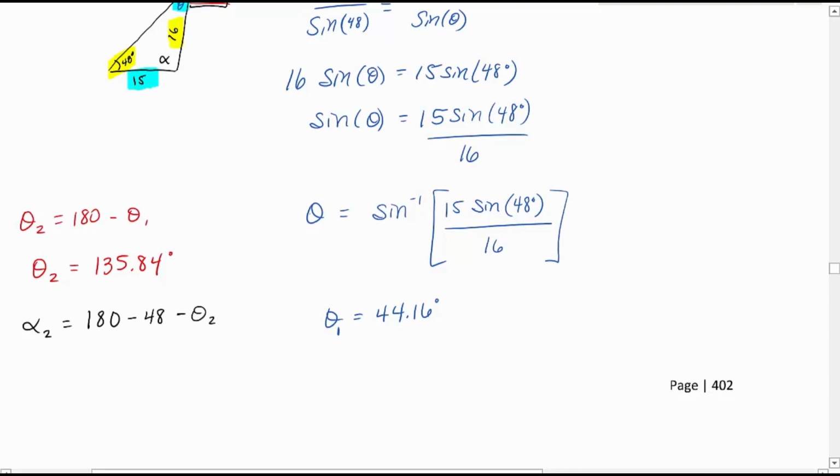And if we get a negative number, then we know that a second triangle is not going to exist. So when we subtract these, we get alpha 2 to be negative 3.84. That means a second triangle is not going to exist, and the only one we need to worry about is this 44.16 degrees.